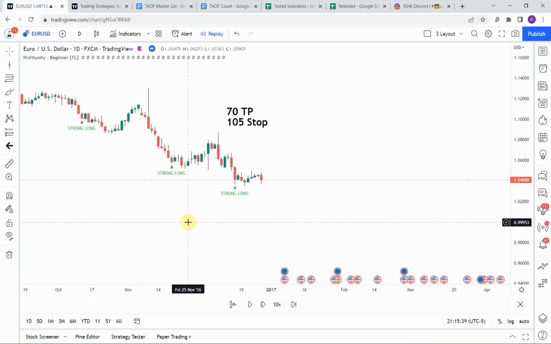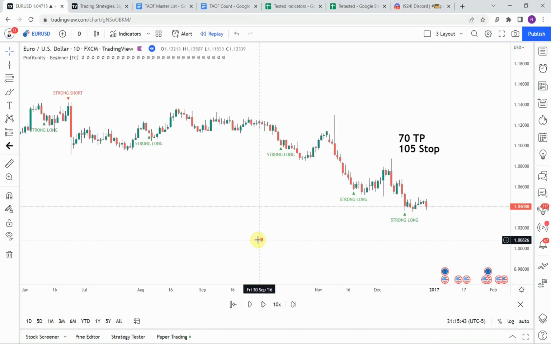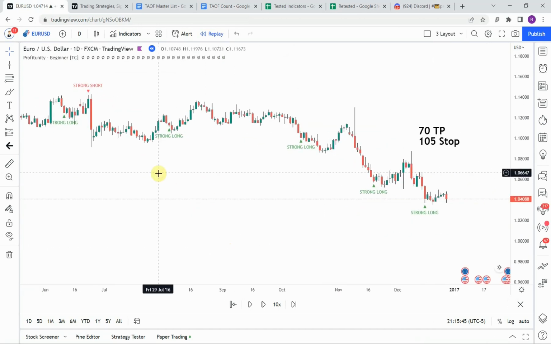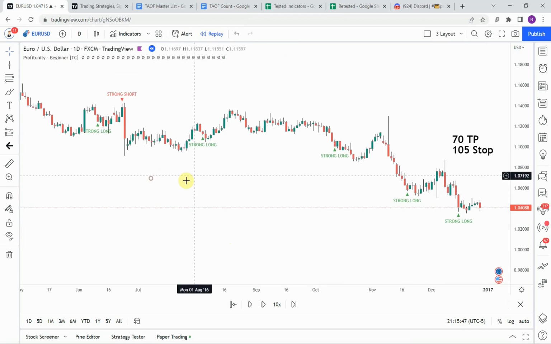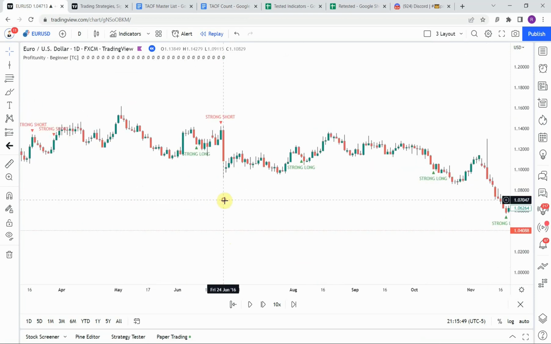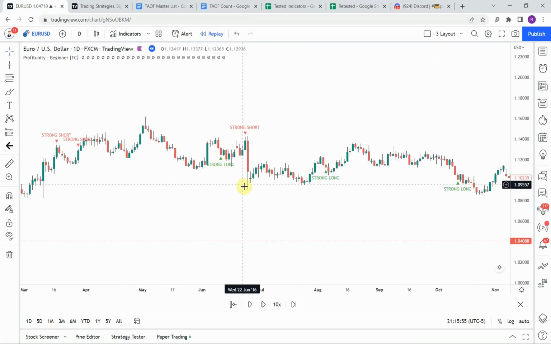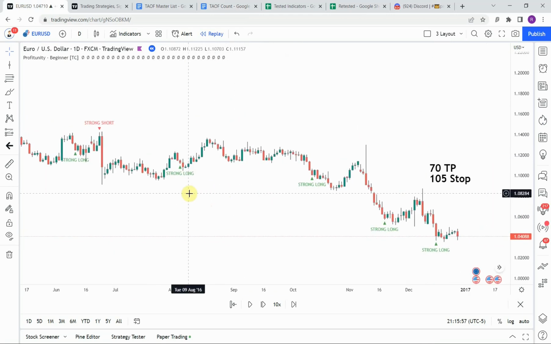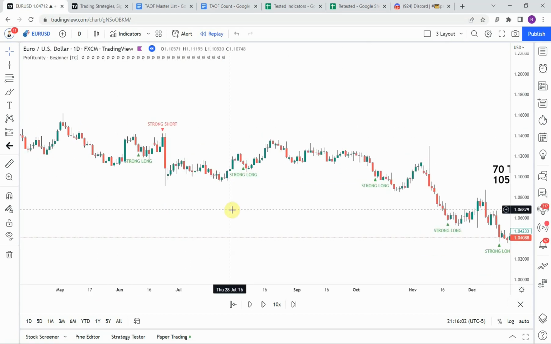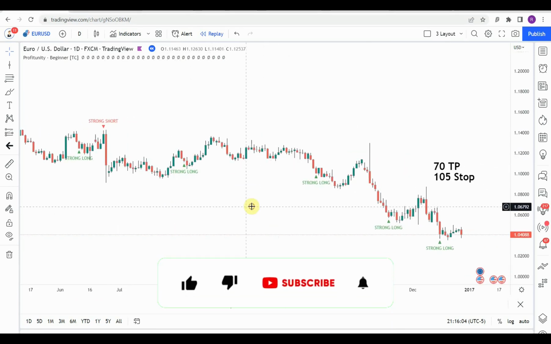All right, so today's indicator is the Profitunity Beginner Indicator. And you can kind of see it here on screen. So basically what we have are these labels here. So you can see that we have these red strong short signals, and we have these green strong long signals, and the green and red little arrows that accompany them.